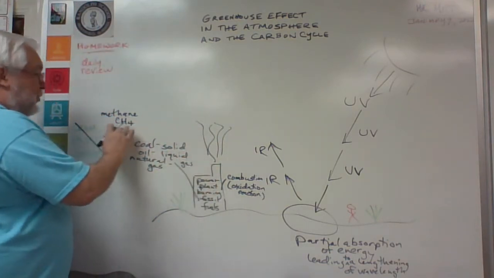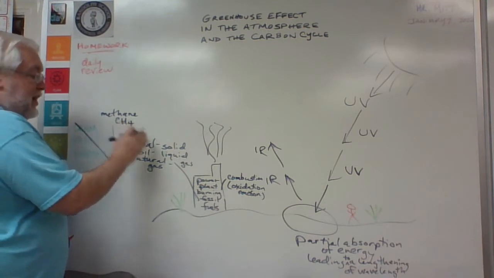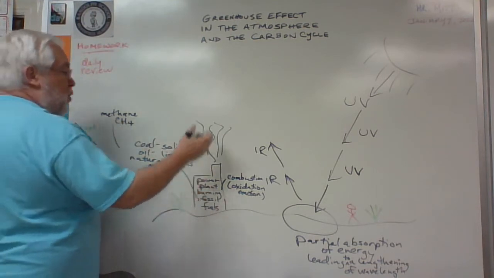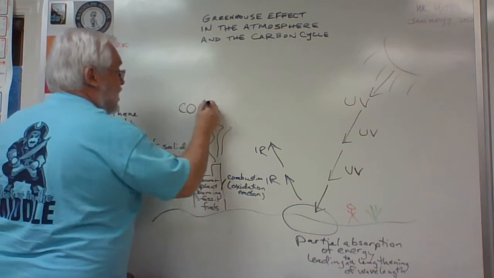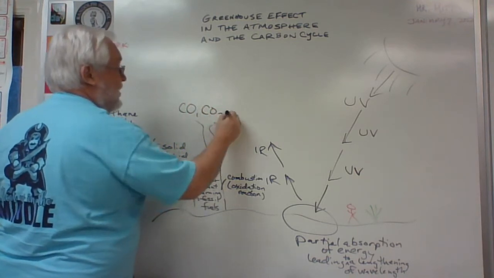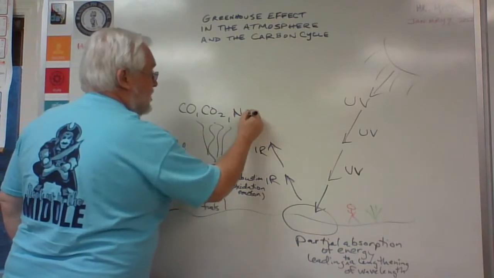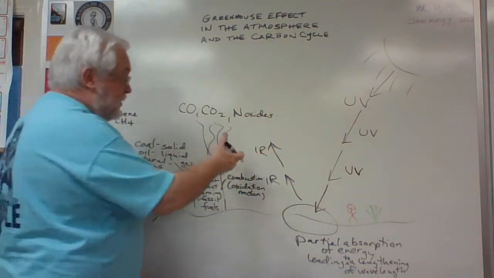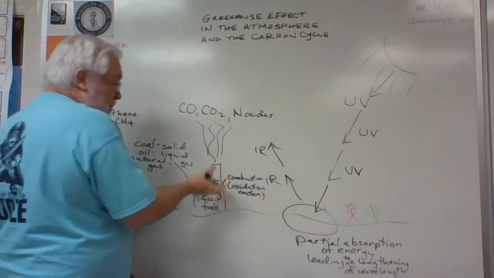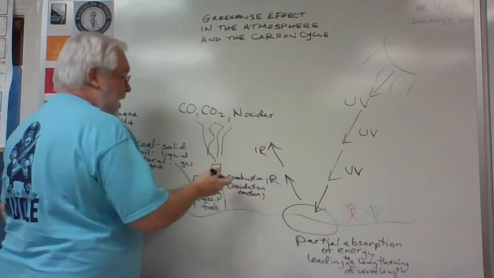As fossil fuels, these things made up of carbon and hydrogen, are burned, we produce things like carbon monoxide, carbon dioxide, certain nitrogen oxides, because remember, air is 78% nitrogen, and so we're going to be mixing nitrogen with oxygen.